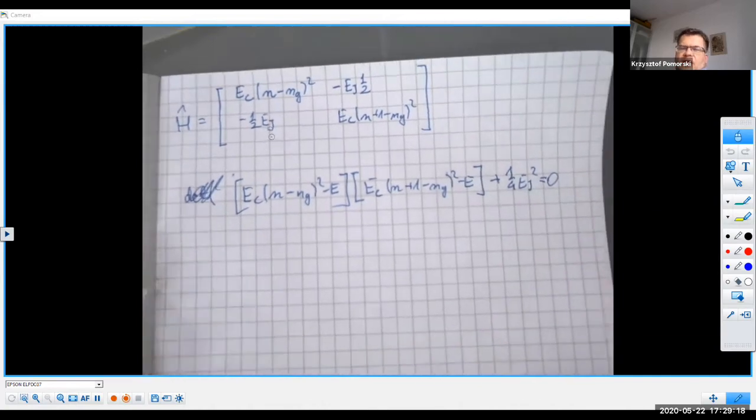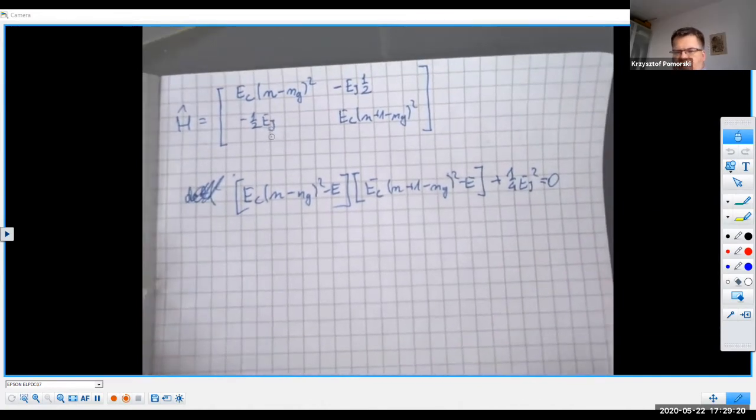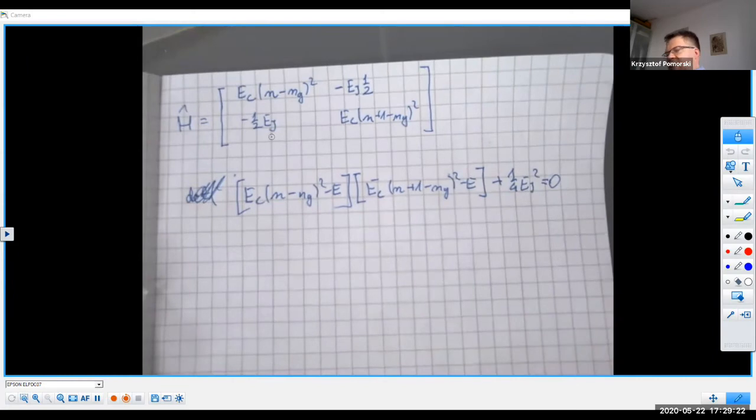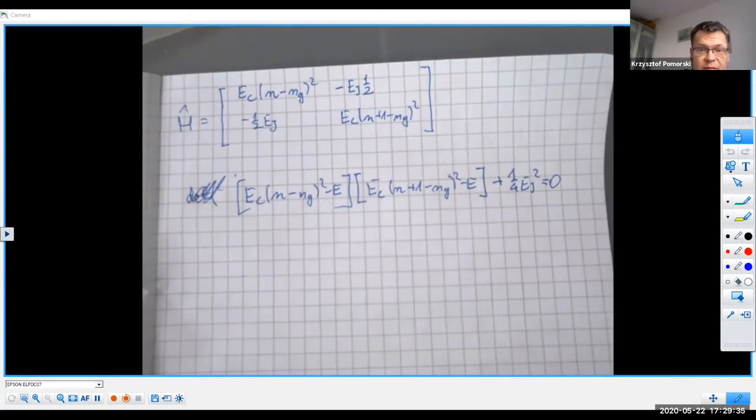And this quadratic equation has two solutions for eigenenergies. So it's kind of a textbook issue. Maybe I will show some real solutions. So let me move on.